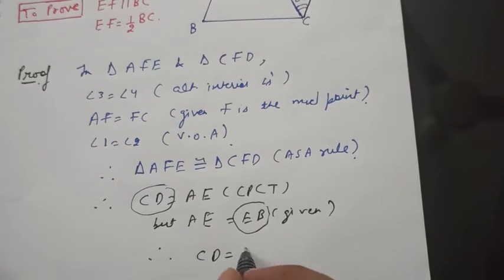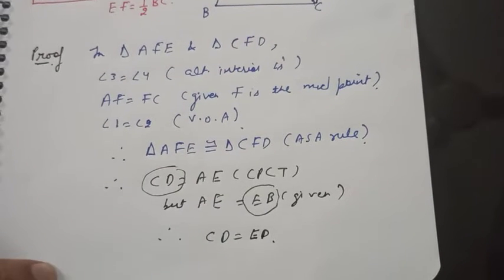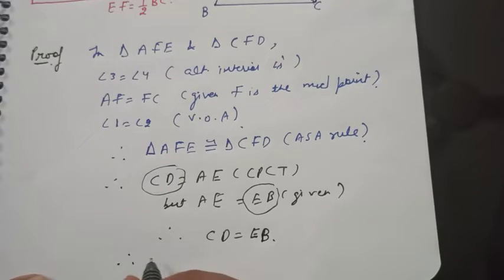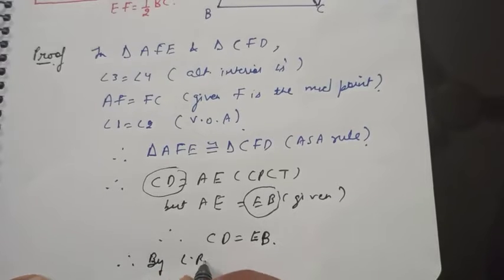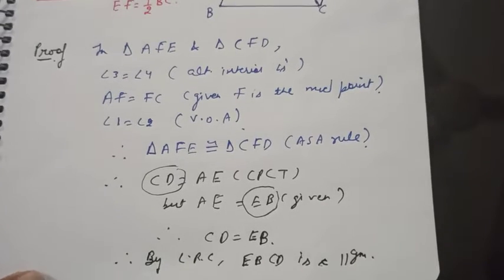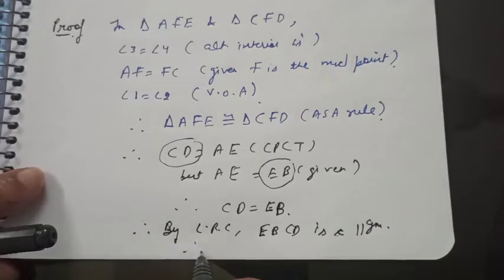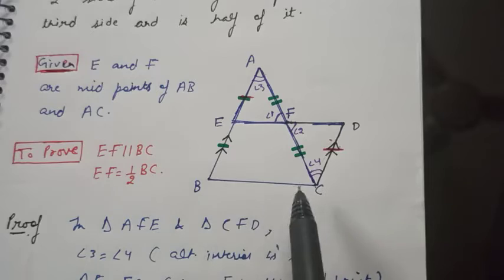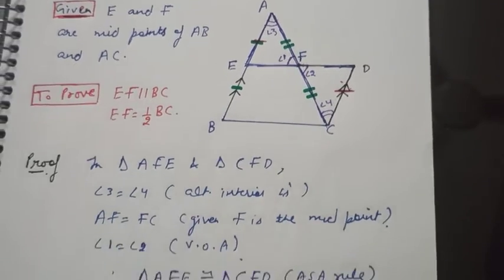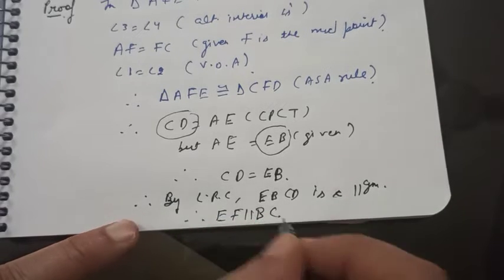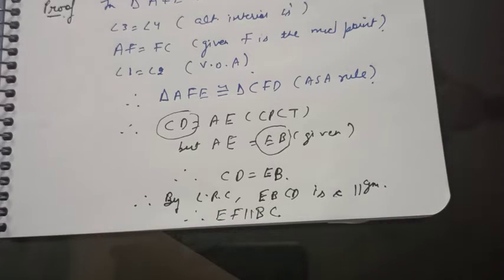Therefore by the required condition, EBCD is a parallelogram, right? So therefore I can say that since EBCD is a parallelogram and opposite sides of a parallelogram are parallel, therefore EF is parallel to BC.